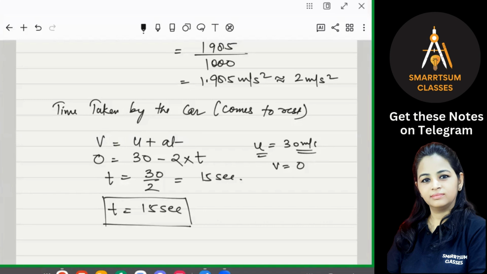Acceleration this time will be negative acceleration, so we put a negative sign. This is a retardation, that is 2. a is minus 2 meter per second square, right? Because it is applying the brake, or you can say the motion is retarding, right? Now you can easily find the time. Everybody getting that? Yes or no? Please tell. Ma'am, I have to write the whole answer.